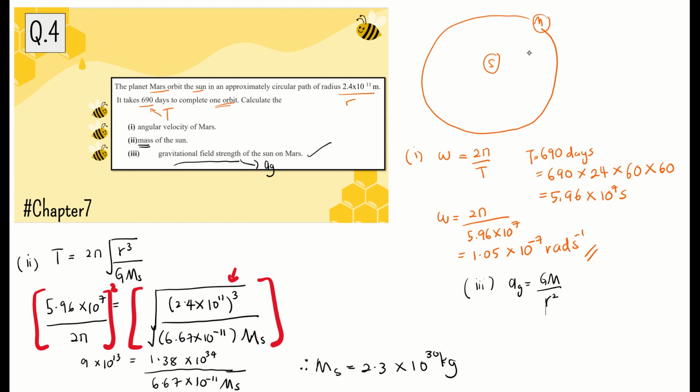Substituting all the values, 6.67 times 10 to the power of negative 11, mass of Sun is 2.3 times 10 to 30 over r, 2.4 times 10 to 11, r squared. So finally you'll get Ag is equal to 2.67 times 10 to the minus 3 meter per second squared.